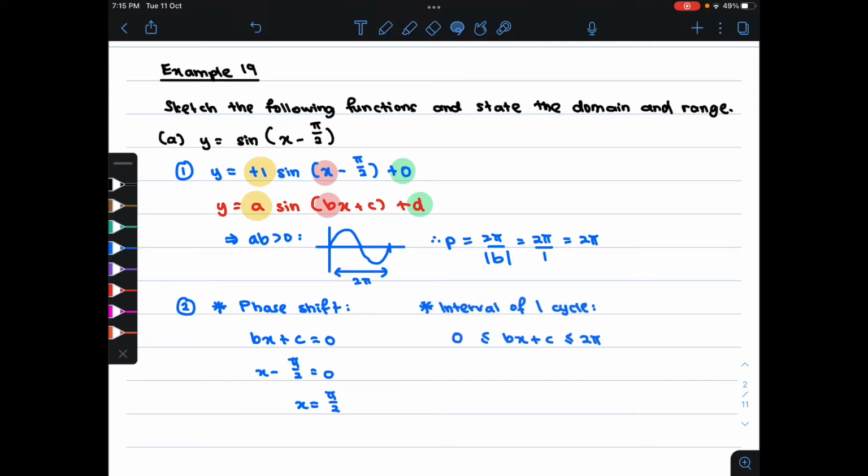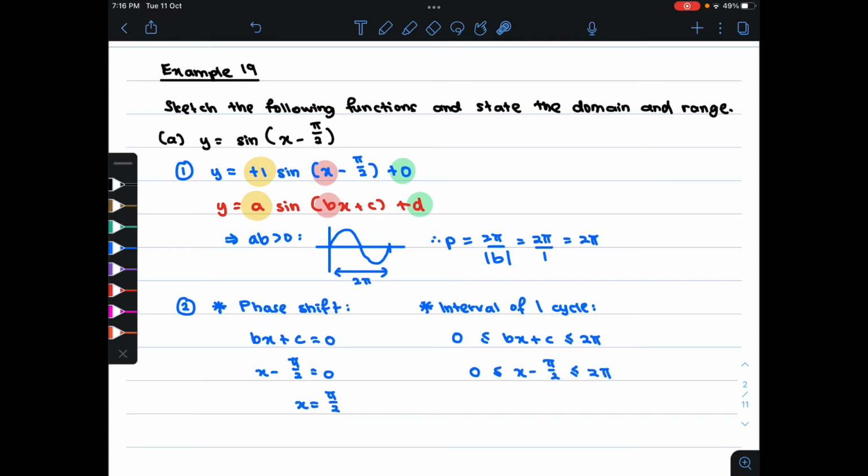We also need to find the interval of one cycle. So just write down bx plus c is between 0 and 2 pi, and it must have this equal sign. And we already know bx plus c is x minus pi over 2. So change bx plus c. We need to rearrange the middle part here in order to get x only.